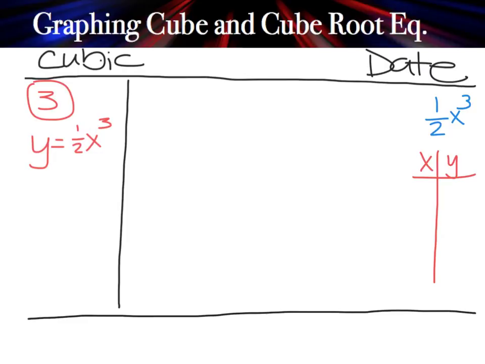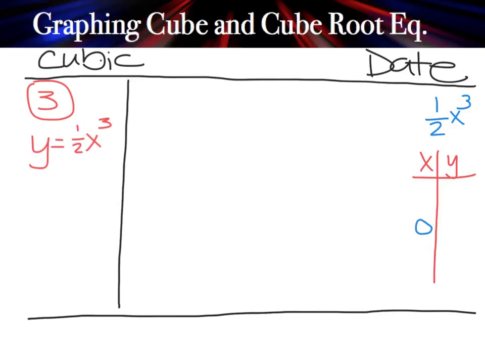If I pick -1, like we've been doing, I'm going to have a y that equals -1/2. So if you're okay with that, that's fine. 1/2 is not hard to do. But generally, given whatever fraction I have, if I pick a number that will divide into a whole number, then I'll have some better numbers that are easier to graph.